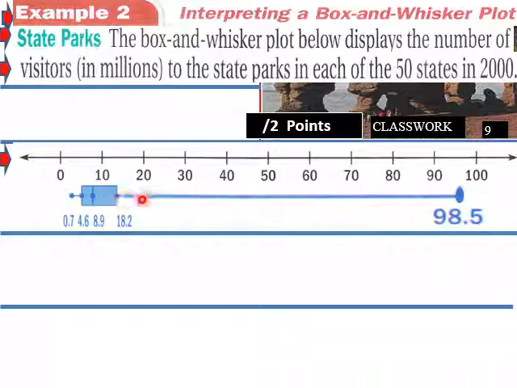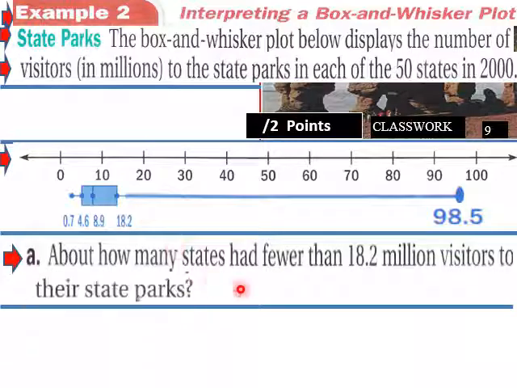So this really shows you the spread of your data. You have a median here, and then everything else on this upper half is spread out pretty far. The lower part, not so much.